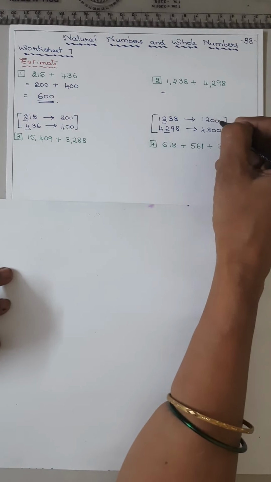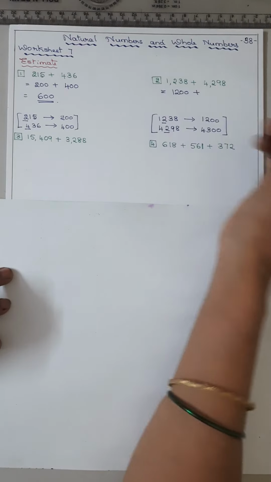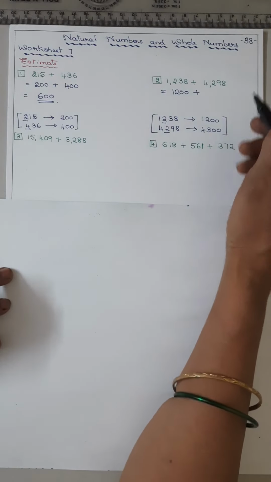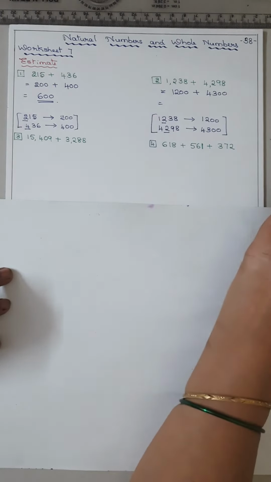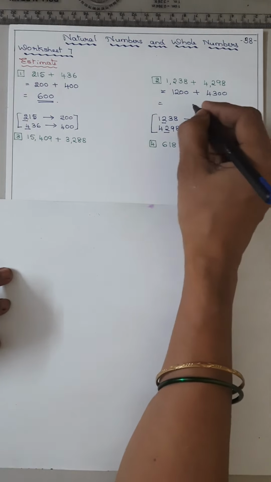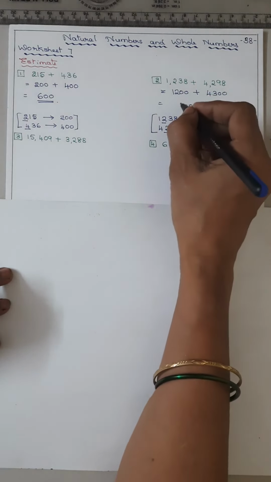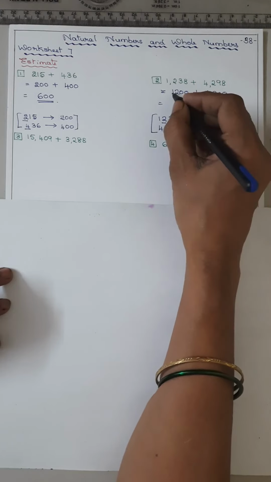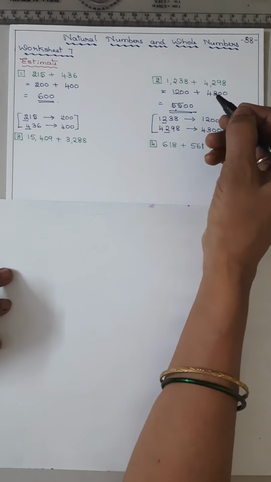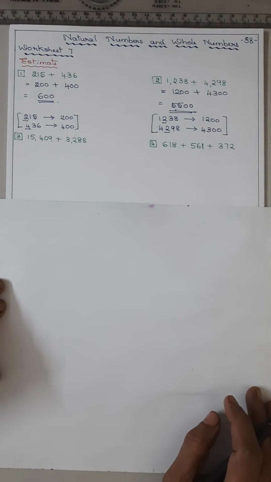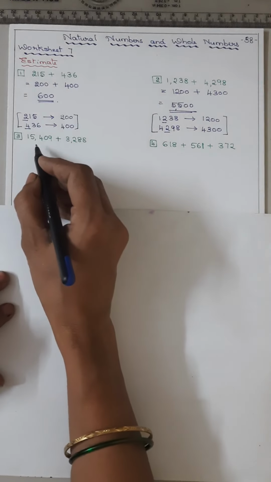So 1238 will become 1200 plus 4298 will become 4300. When you add, ones place, tens place, 00, 3 plus 2 is 5 and 4 plus 1 is 5. Answer is 5500. Is it clear?